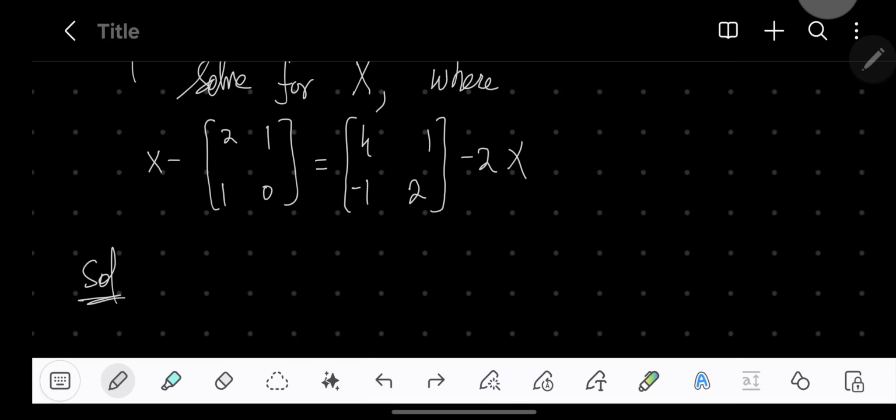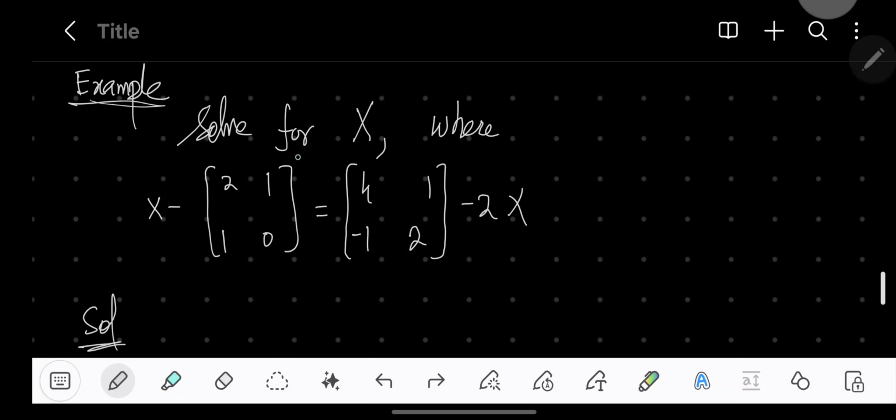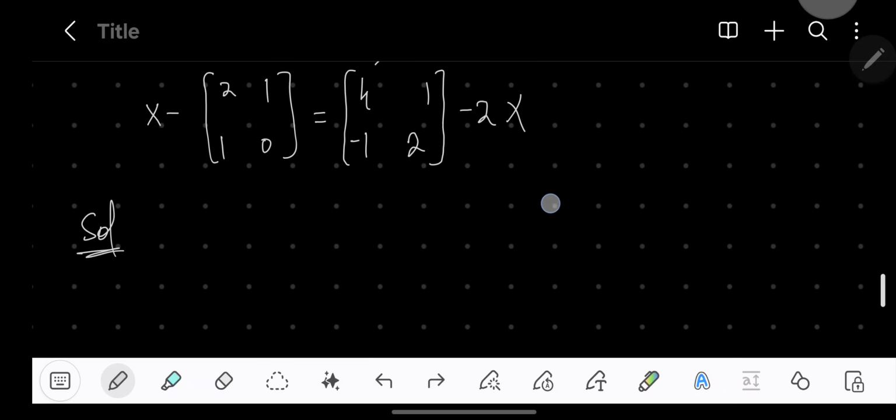Let's solve it. So the first target is to move this 2x to the left side of the equation. Since this is negative, when you move it here, it will become positive, okay? And simultaneously, you will move this negative matrix to this side also, and it will also become positive, okay?